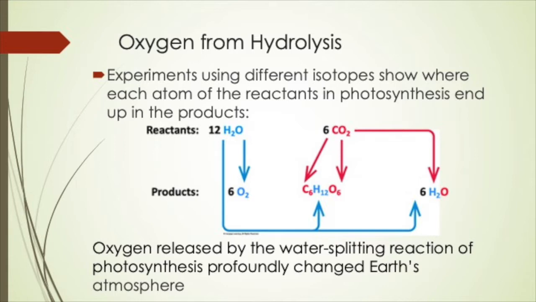Certain experiments that have been done using different isotopes show where each atom of reactants from photosynthesis end up in the products. So water coming from the roots comes up, and that makes oxygen. CO2 coming from outside going through into the stroma makes that sugar. Also, that oxygen from the CO2 makes more water, and that comes out through the stroma.